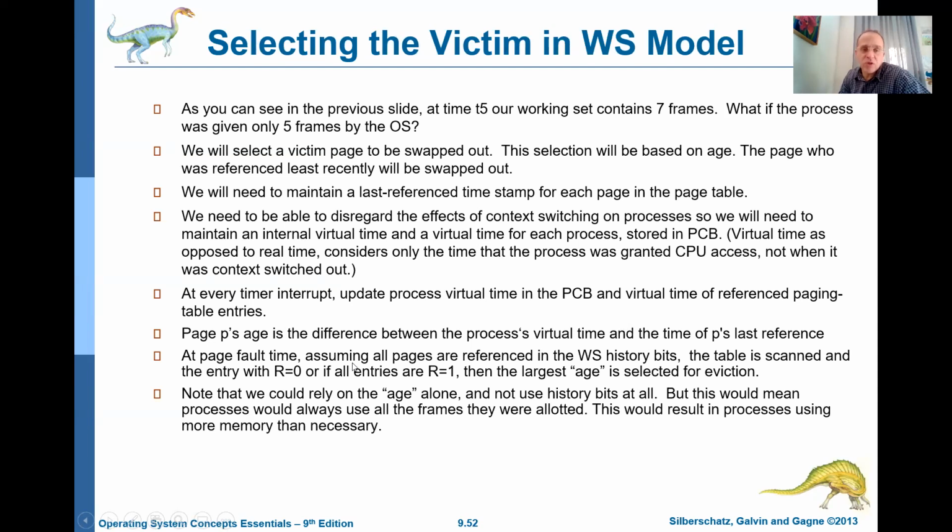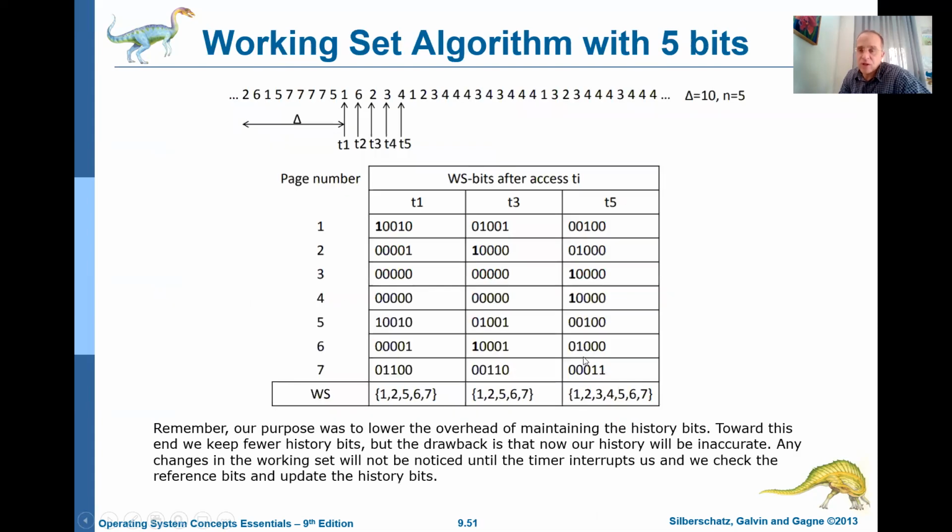At a page fault time, assuming all pages are referenced in the working set history bit, that's kind of the worst case, that everybody is referenced, like I have over here: 1, 2, 3, 4, 5, 6, 7. Everybody is referenced.